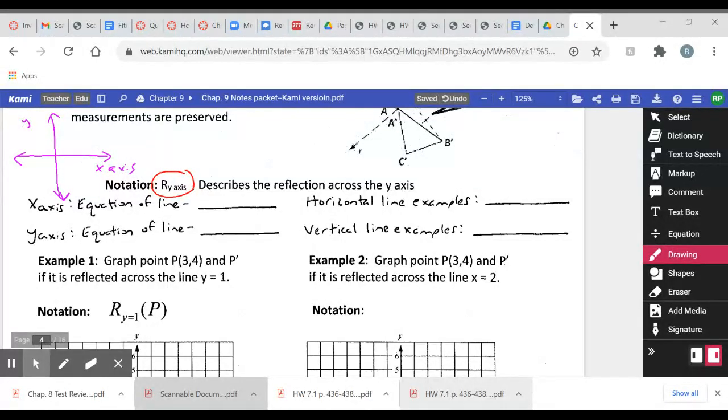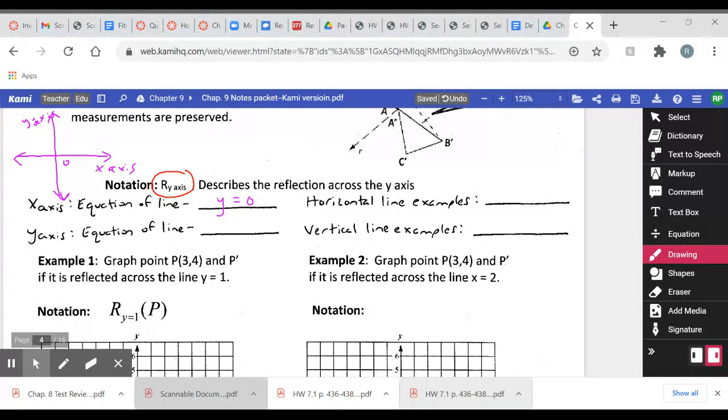And here is my y-axis. The x-axis goes through the y-axis at the origin, which is 0, and so the equation of that line is y is equal to 0.